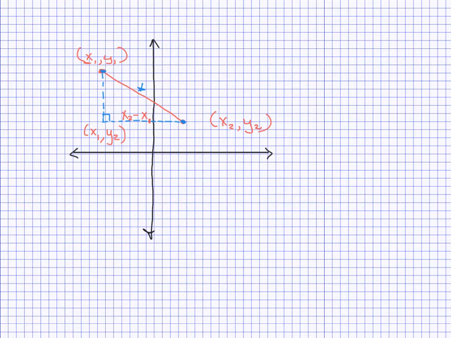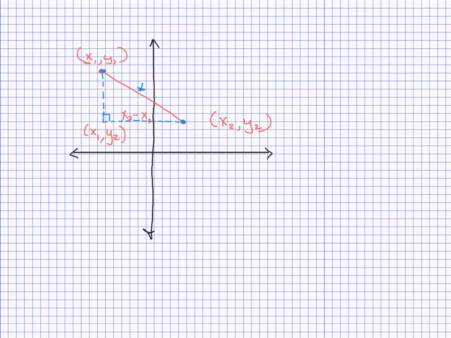All right, so I wonder what the length is of this vertical line right here. Perhaps we could subtract y2 minus y1 and get the length of that vertical segment there.